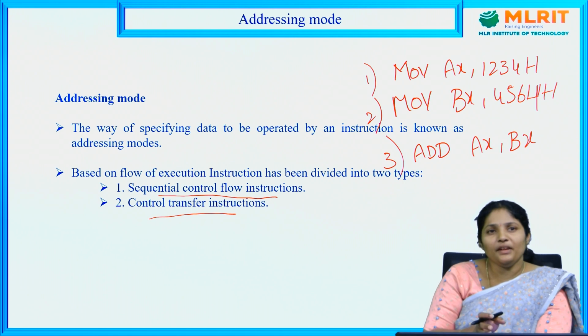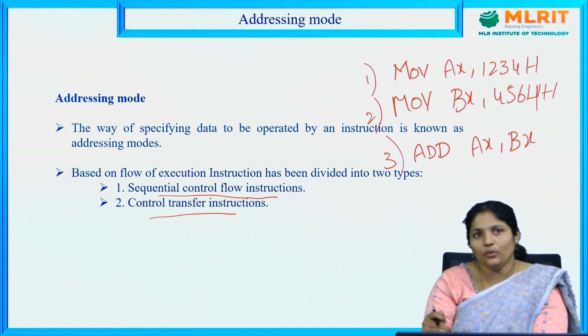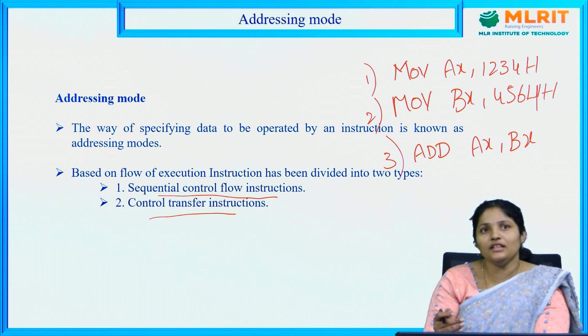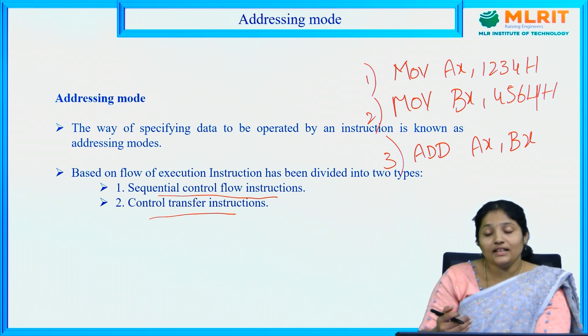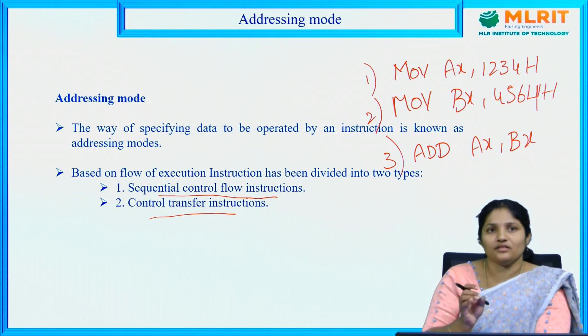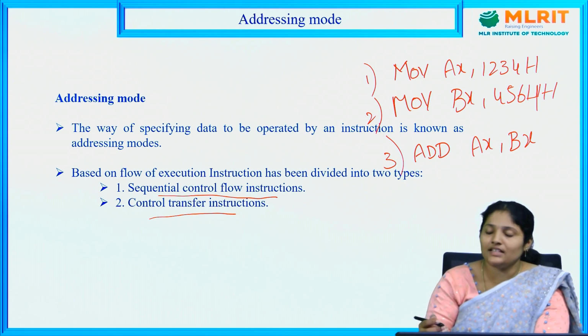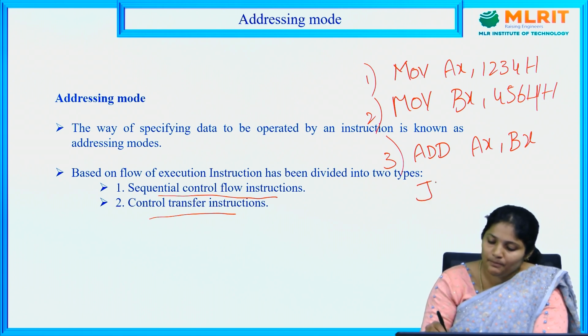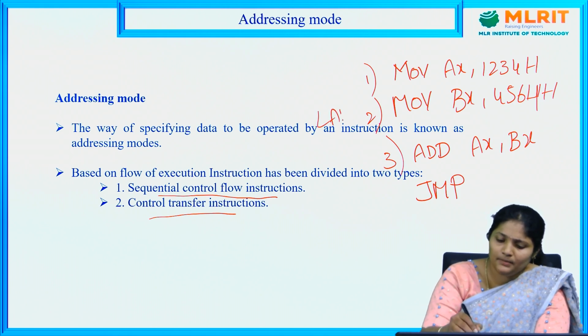Coming to control transfer instructions: whenever we are executing one instruction, if the control does not move to the next instruction but transfers the control to some other instruction, such instructions are known as control transfer instructions. Let us consider jump to label 1.